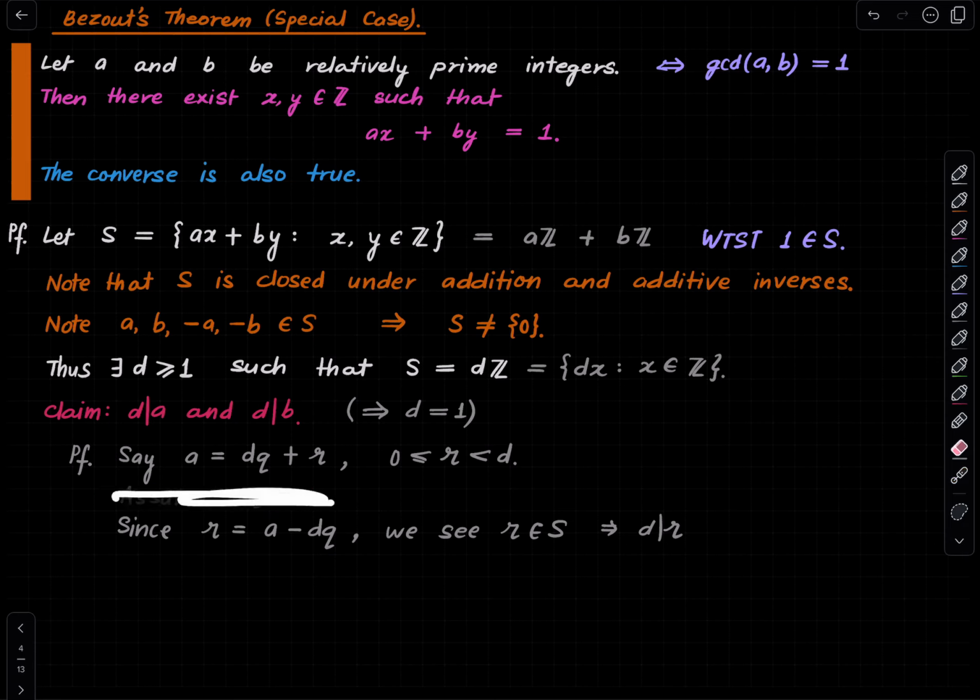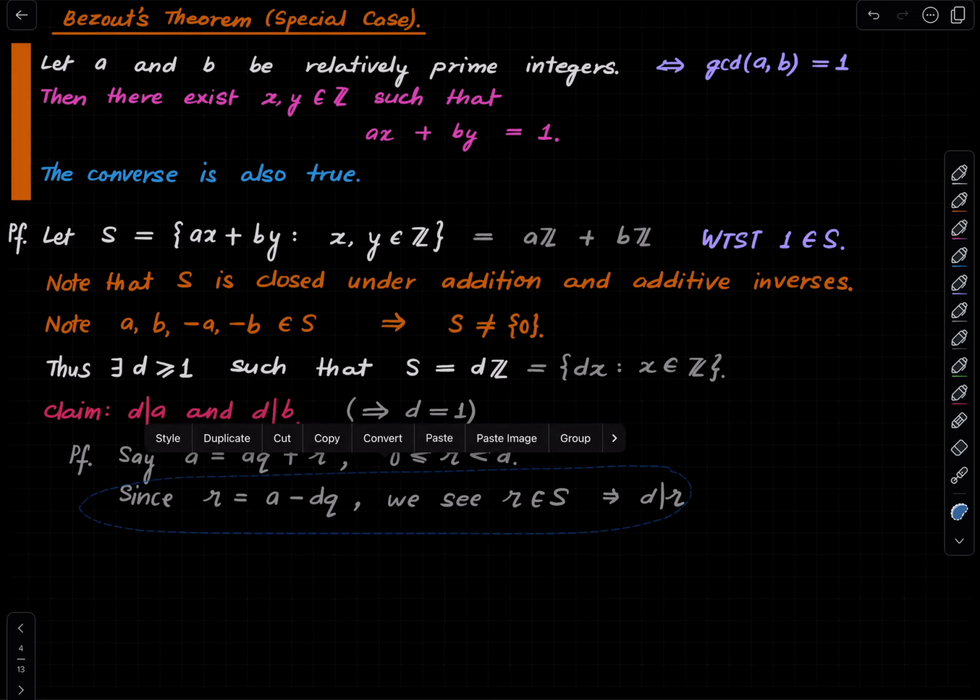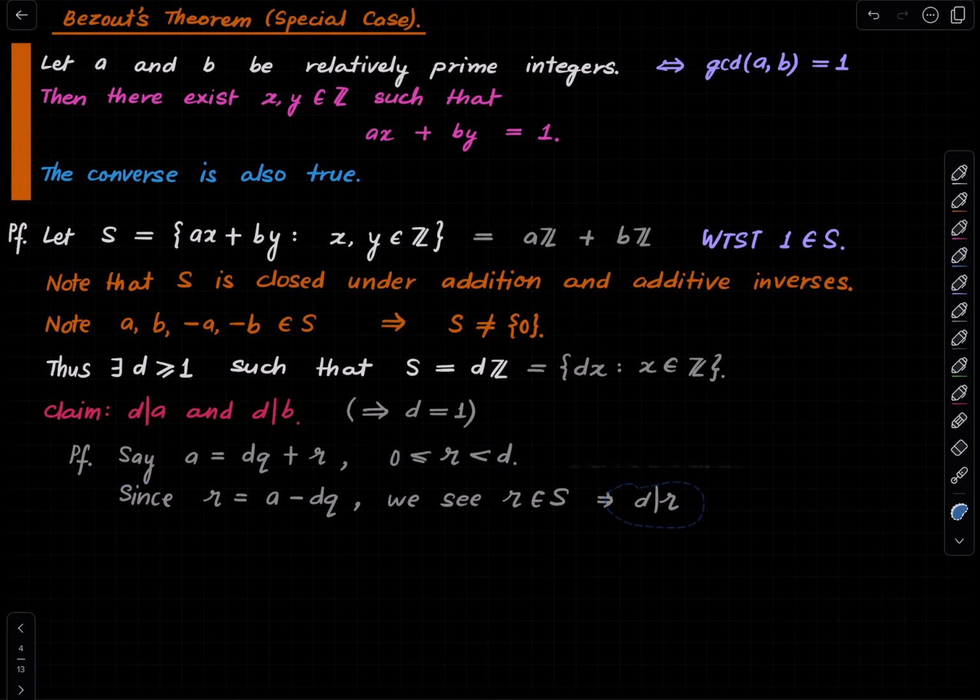We could have erased this and just written this piece of reasoning here. Better to not go by contradiction when you can avoid it. So we just notice that R is A minus dq, and therefore R is in S, and therefore D divides R, because S is precisely the things which are divisible by D. Now the fact that R is in this range implies that R is 0.